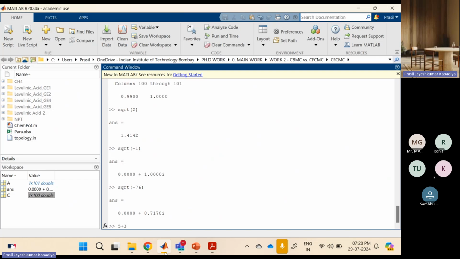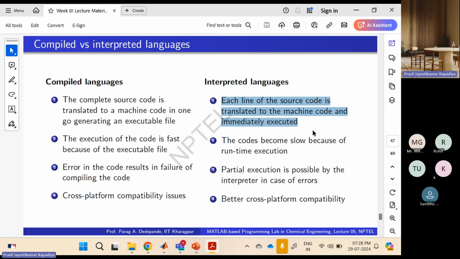This line is converted into machine code and it is immediately executed. This is the benefit of interpreted language. Execution is faster in compiled language because the whole file is translated into machine code, and interpreted language is slower because it is doing it line by line.